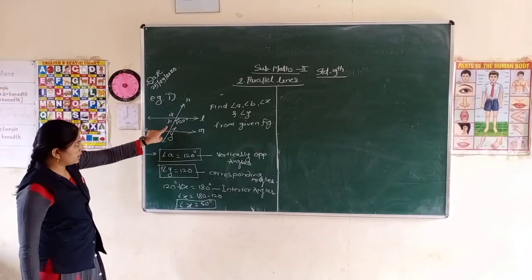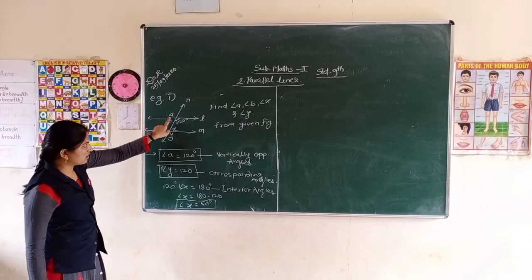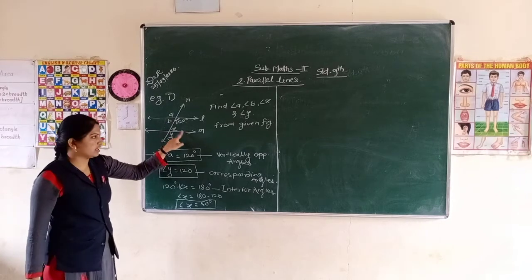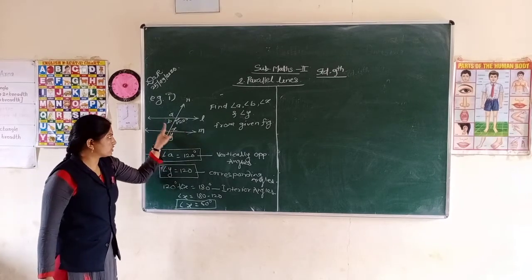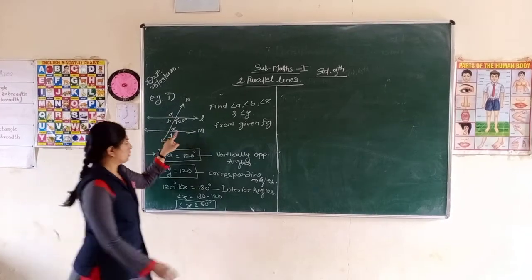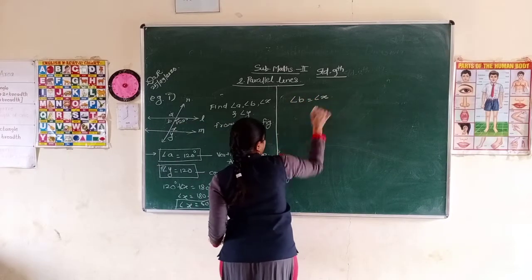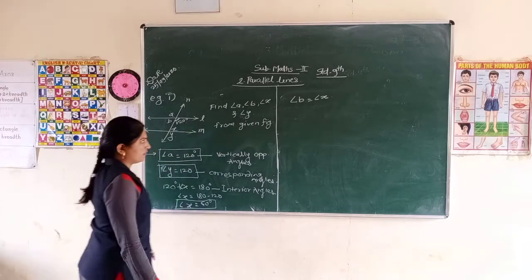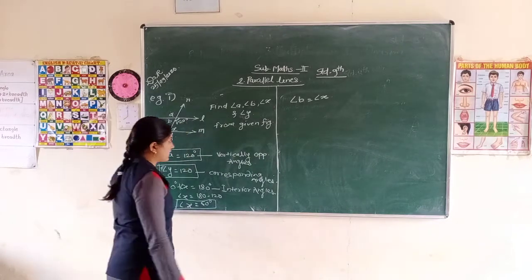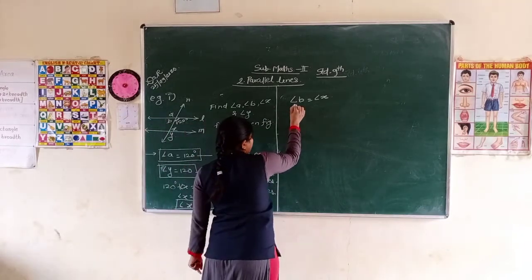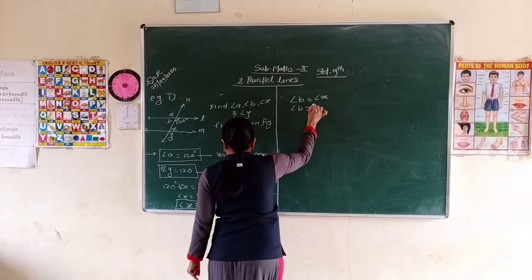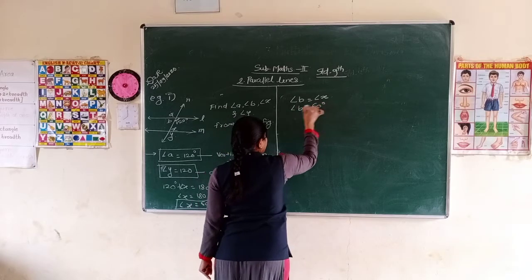Then B and X are alternate angles. They are in the shape of X. Okay, angle B equals angle X. Therefore, angle B equals 60 degrees.